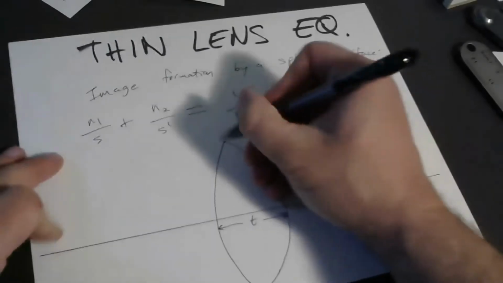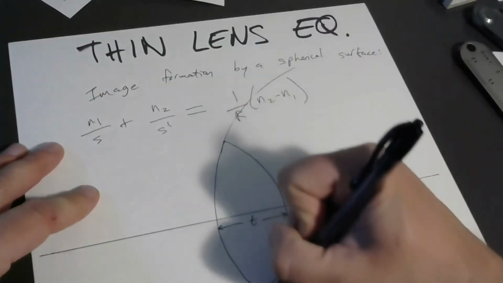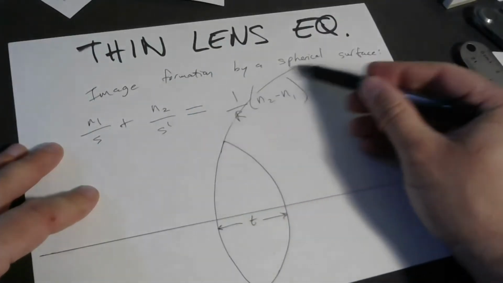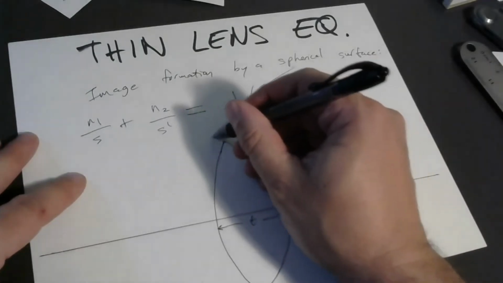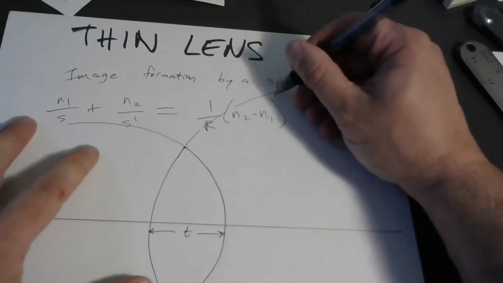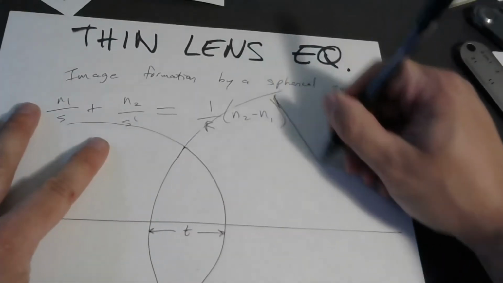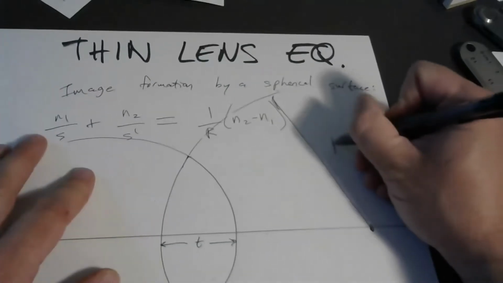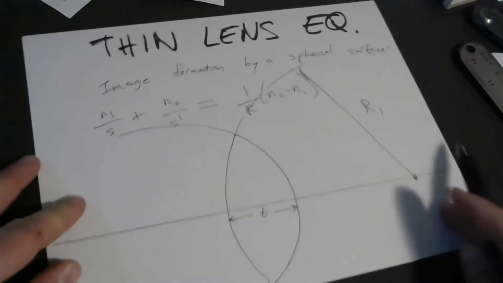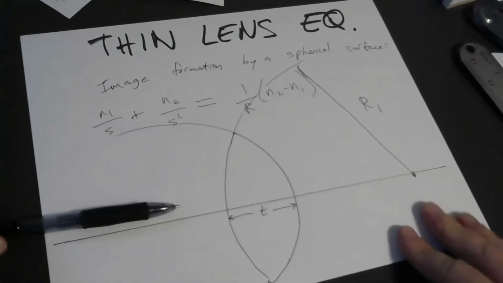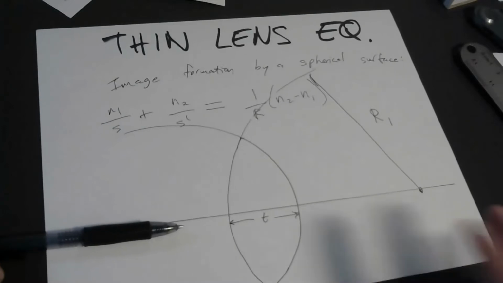And you can see how the front face is part of a circle, the back face is part of a circle, and I'll just label this R1. What kind of a number is R1? Well, you have to consider the direction in which the light is moving.